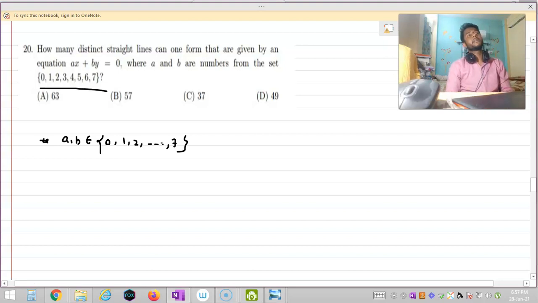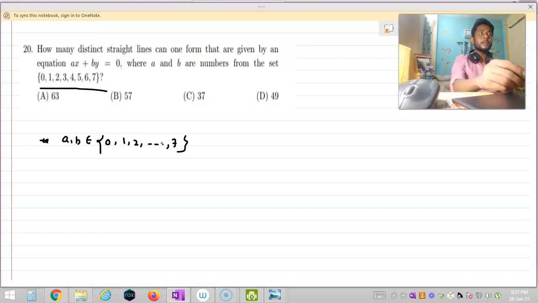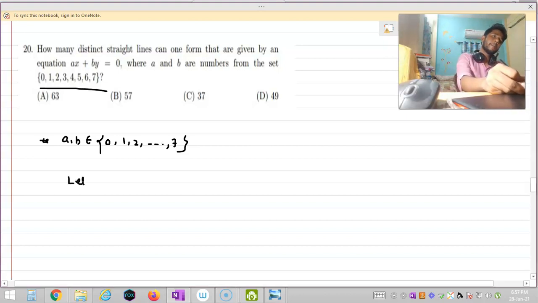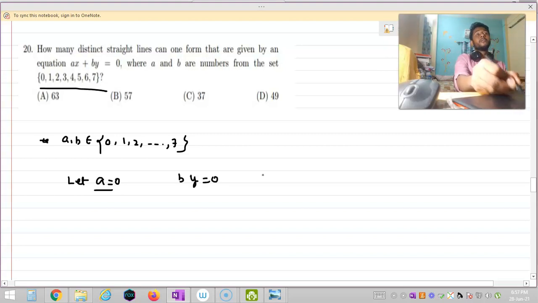Now observe that if a equals 0 and b also equals 0, then this is not our equation. So a and b simultaneously cannot be 0. Now let a equal 0. Then by equals 0 for any non-zero b lying from 1 to 7 will imply y equals 0.